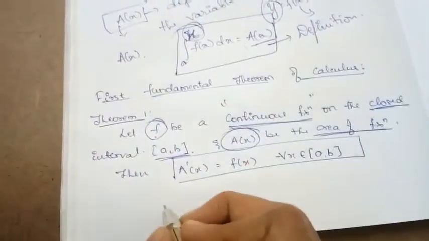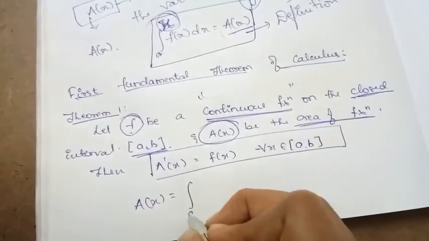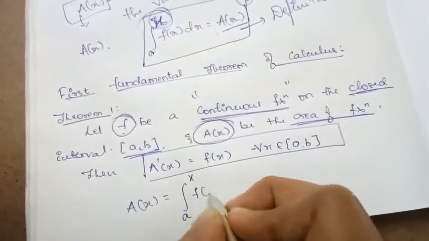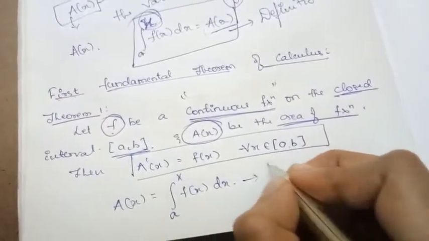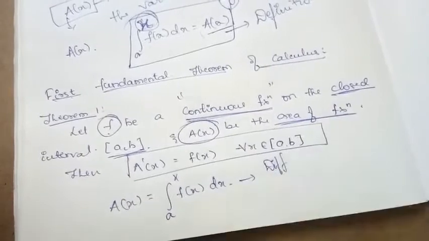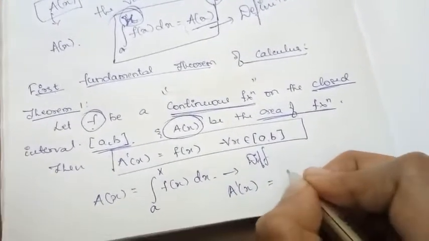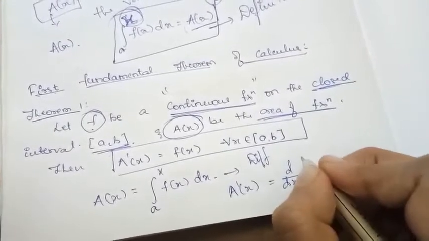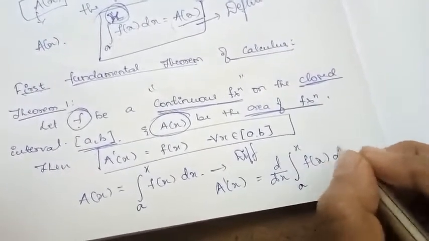So clearly, upon our previous definition, what did I get? A of x is equal to the integral from a to x of f of x dx. Now if I differentiate on both sides, what happens? A dash of x is equal to d by dx of the integral from a to x of f of x dx.